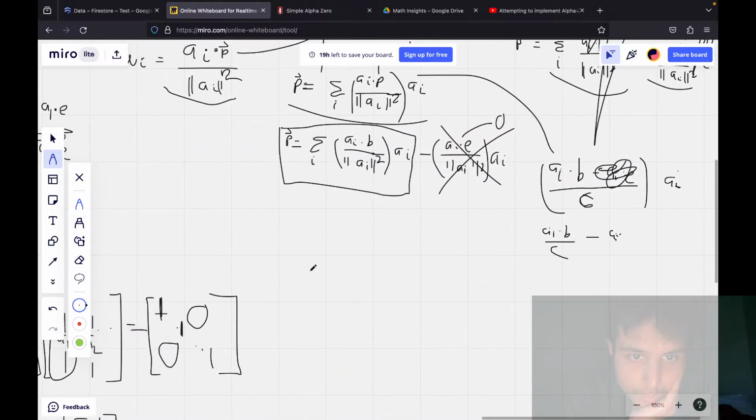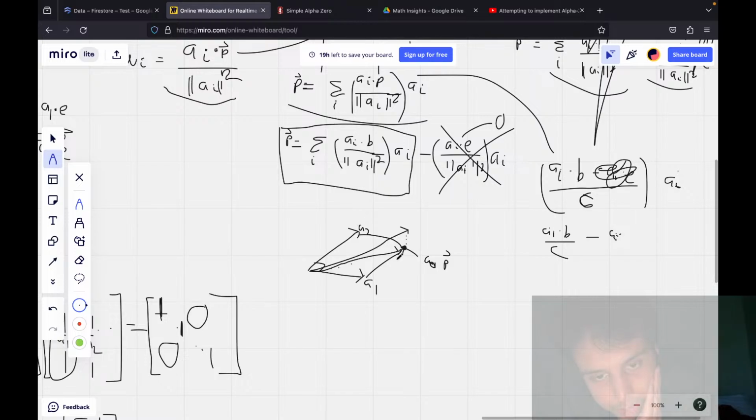We have A1 and A2, and these are perpendicular to each other, and we have some B. When we project B onto A1 and A2, this coordinate right here is basically A1 plus A2. That's our desired P.